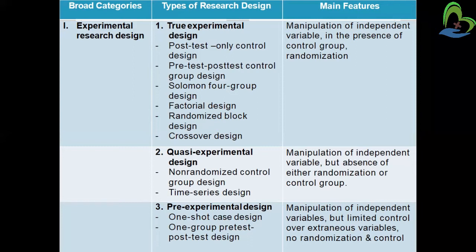Let's take an example, where the essential characteristics, we know, are manipulation, control, and randomization. Manipulation is of the independent variable, in the presence of a control group.